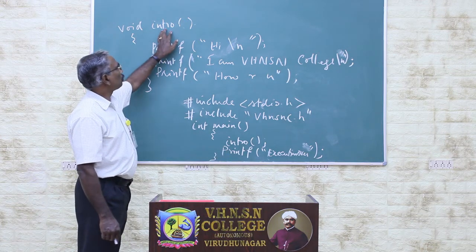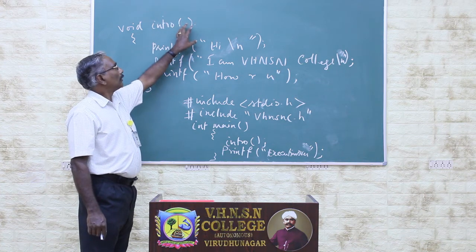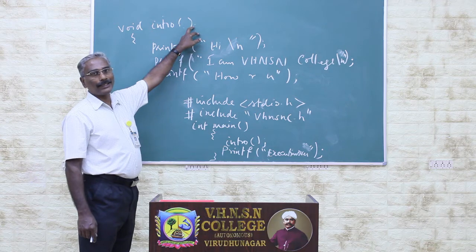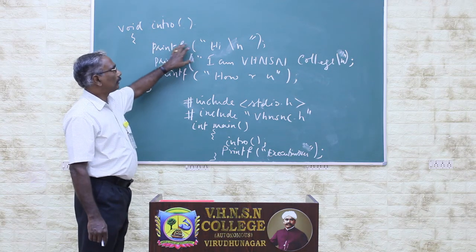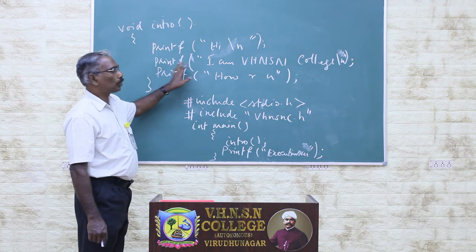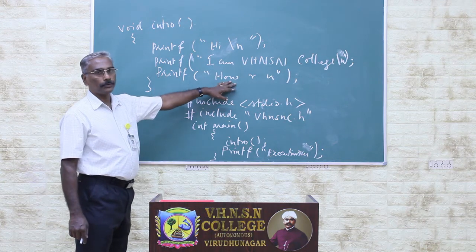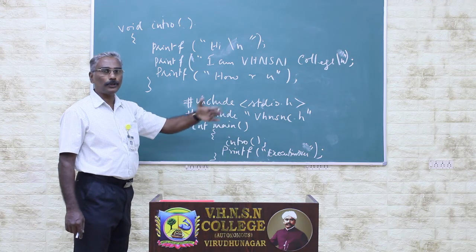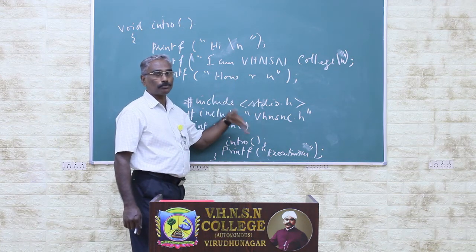So void intro, where intro is the function name, and inside the parentheses we are not passing any parameters. And with printf, I am giving some statements. Hi, the next one is I am EHNSN college. Printf, how are you? So these are the three statements that will be executed when you execute the main program.